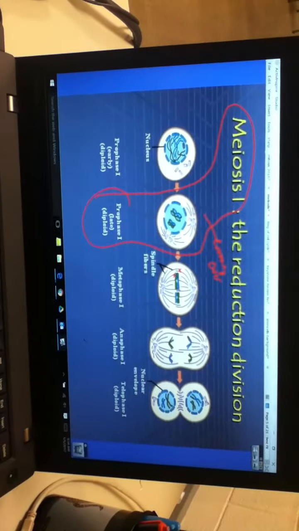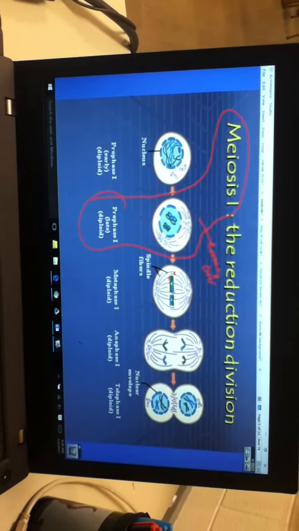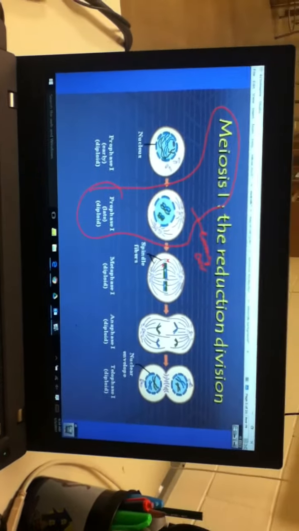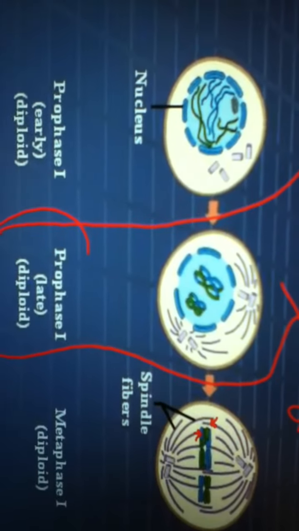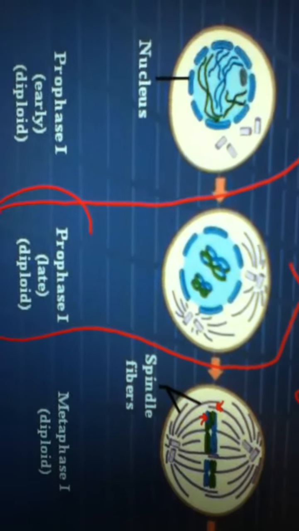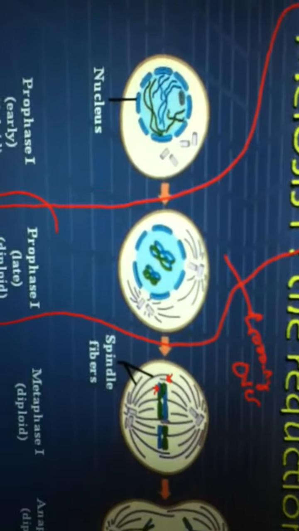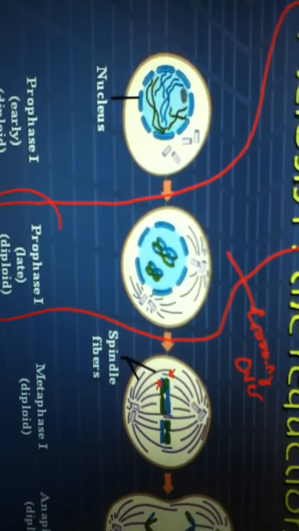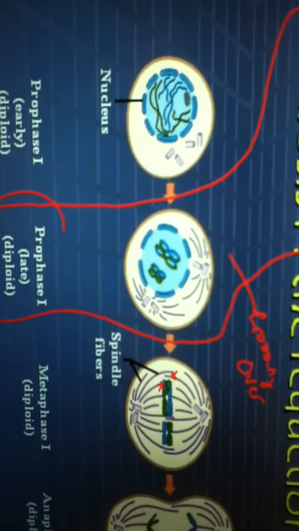All right. In meiosis 1, we call this the reduction division phase. It looks just like regular mitosis, but if we look closely, we see that in prophase of meiosis 1, the chromosomes do something very important. They cross over. That means they kind of just rub on each other and swap information.